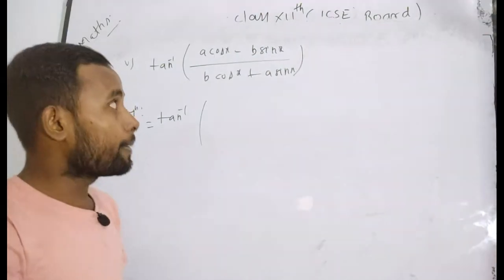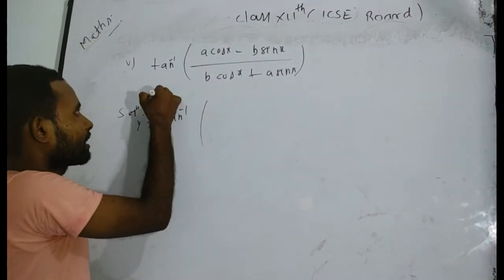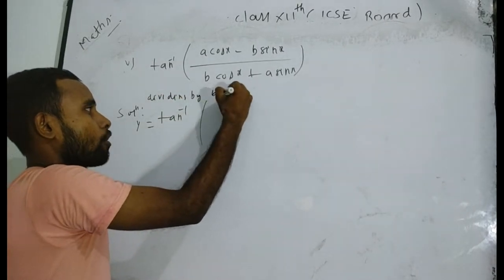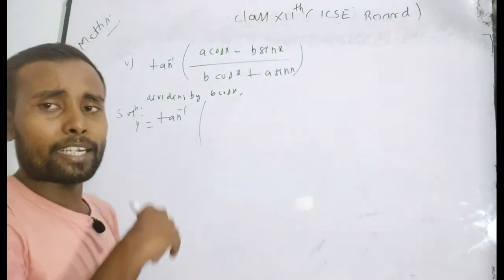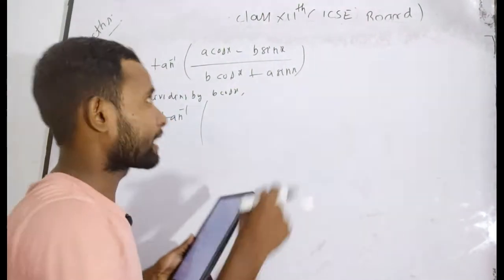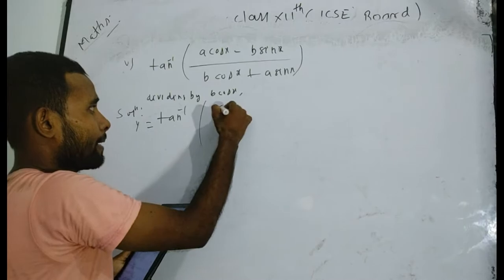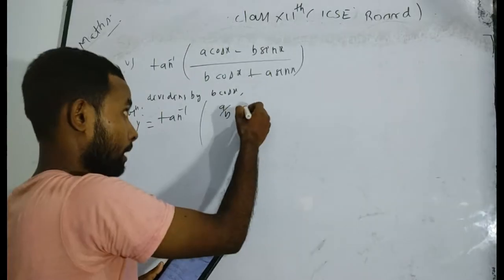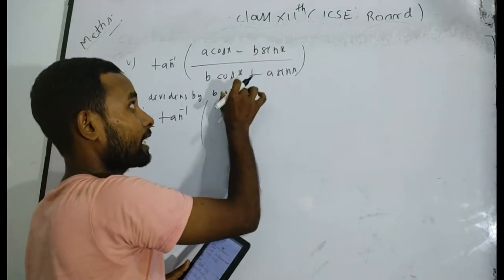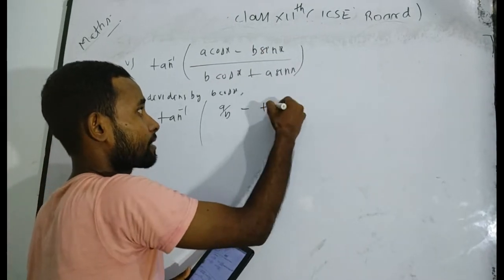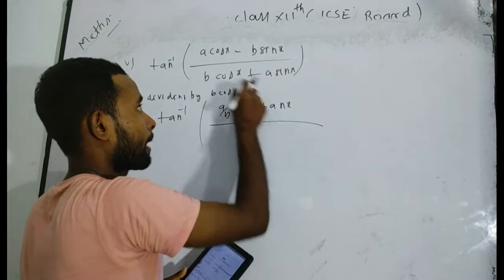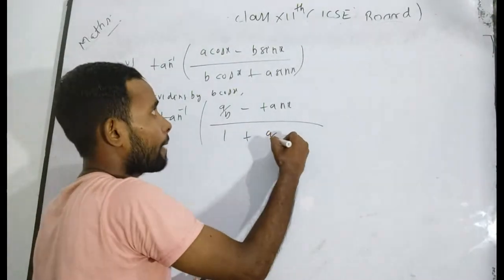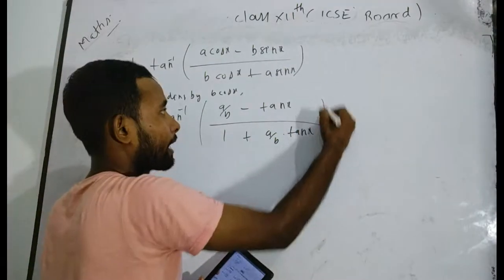If you divide numerator and denominator by b cos x, you will get a by b in the numerator, because cos x cancels, and in the denominator, b minus b sin x by b cos x, which is simply tan x, divided by b cos x by b cos x, which is equal to 1 plus a by b into tan x. I think you understand.